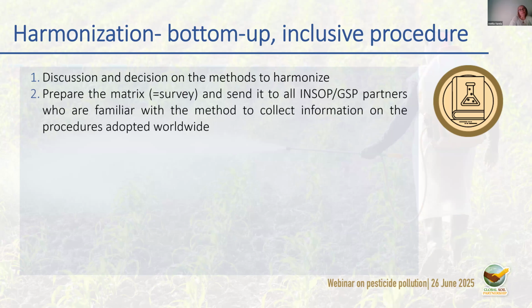To capture the global picture, we developed a structured matrix and distributed it to the International Network on Soil Pollution and GSP partner laboratories to gather detailed information on the specific procedures, extraction methods, detection techniques, reagents used, and quality assurance and quality control practices.